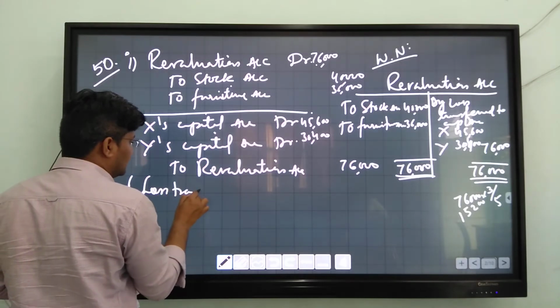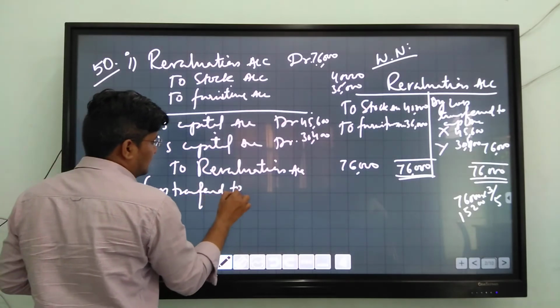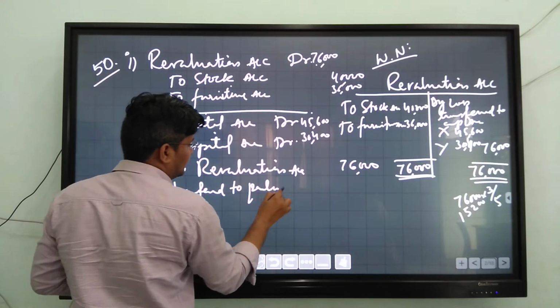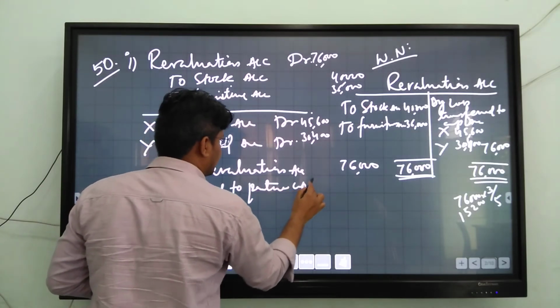Loss transferred to partners' capital accounts is the narration.